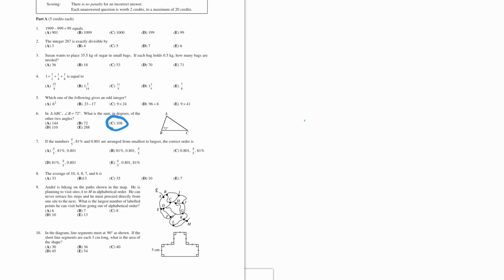Number 7. If the numbers 4/5, 81%, and 0.801 are arranged from smallest to largest, the correct order is? To compare, let's make them all the same format, decimal. 4/5 is 0.8. 81% is 0.81.